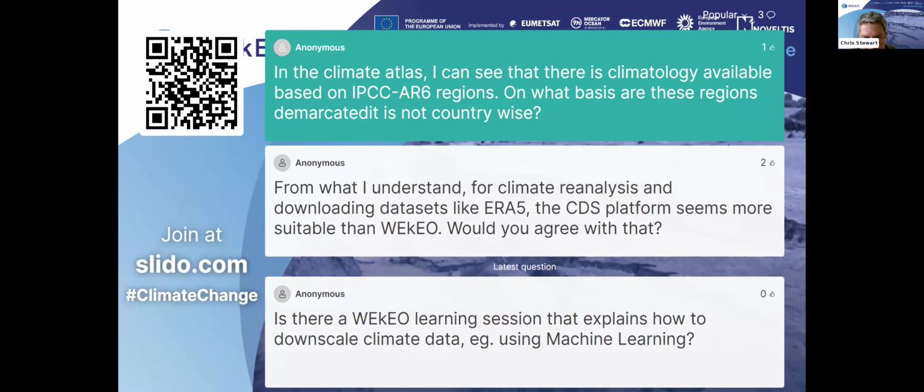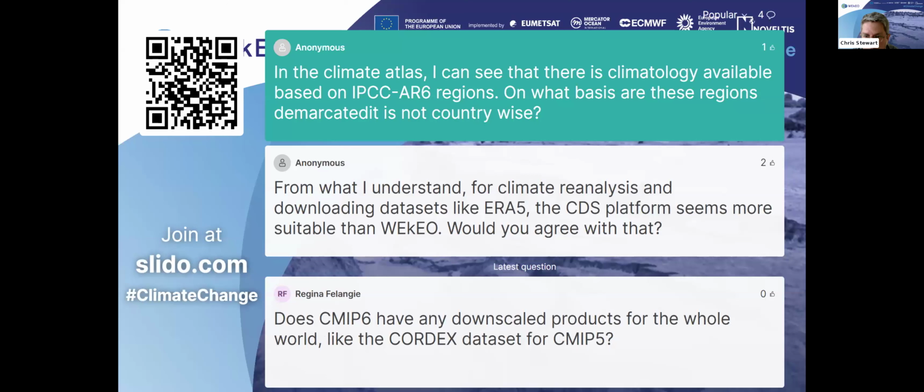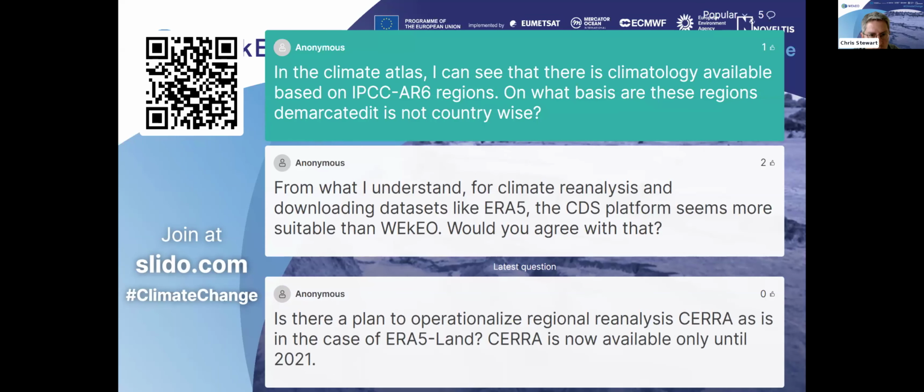So there are different ways to aggregate the data. The Climate Atlas provides different types of aggregations, so you can choose where you want to see the climatology, if you want to see it for the whole globe or for specific regions. It's not just the IPCC AR6. You can choose different aggregations. So yeah. Okay, thanks.